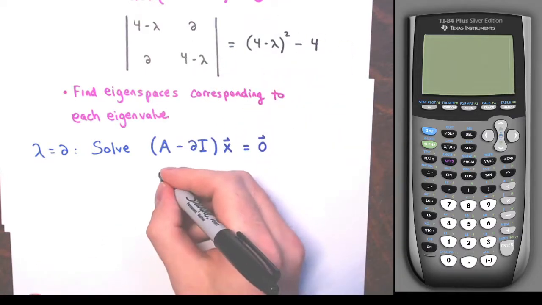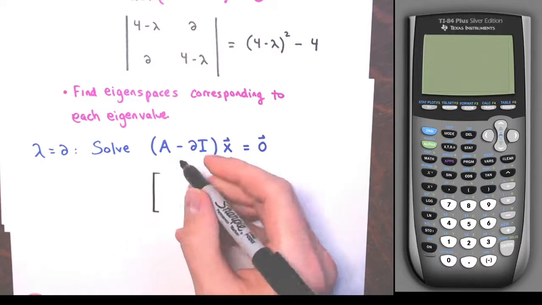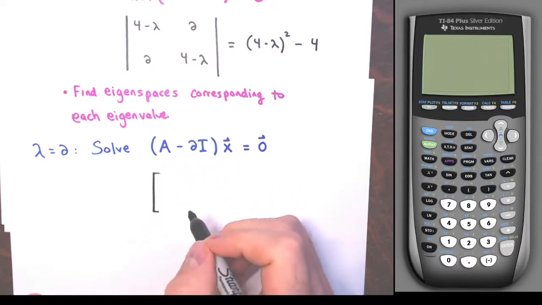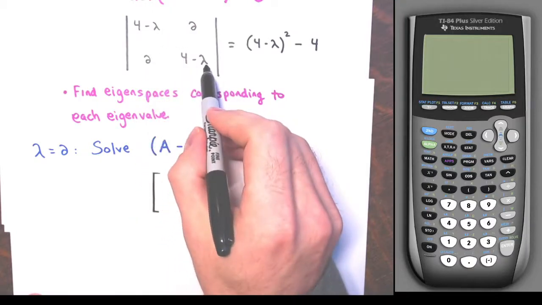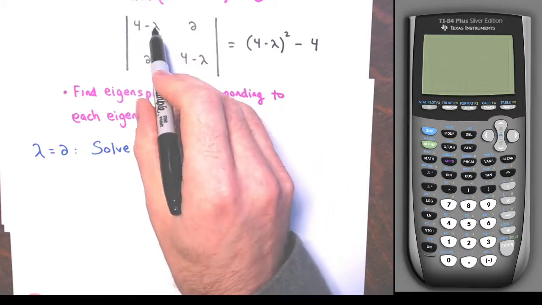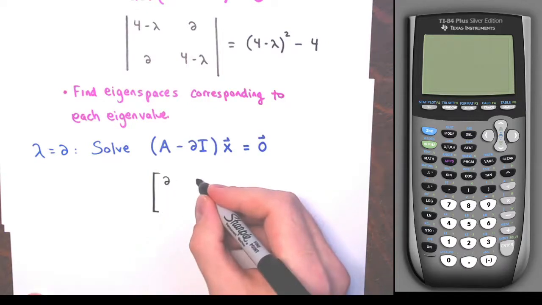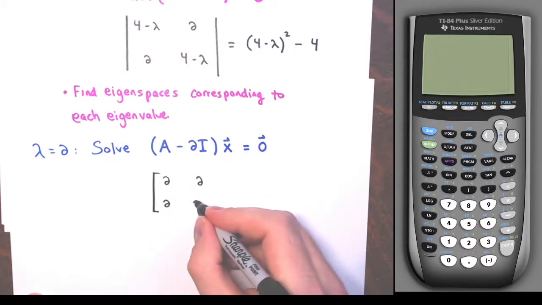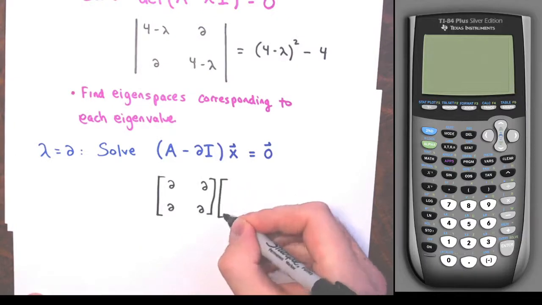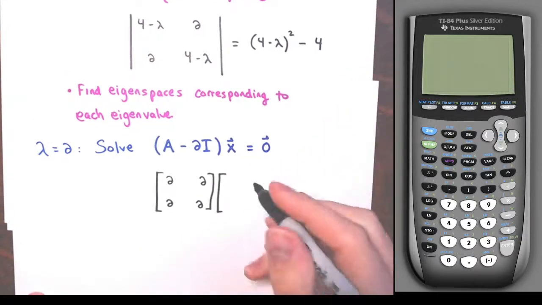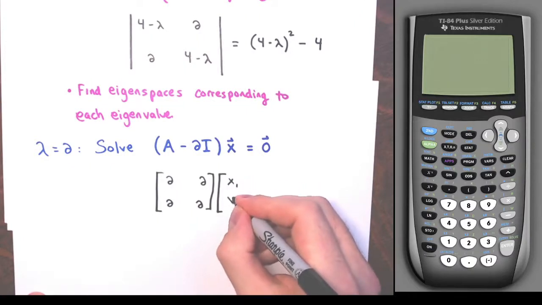The matrix, again, this isn't a determinant now, it's just the matrix, so little brackets. A minus 2I, well, if I replace lambda with 2, we're getting a matrix with all 2's, times my variable vector x, which would just have 2 components, say x1 and x2.